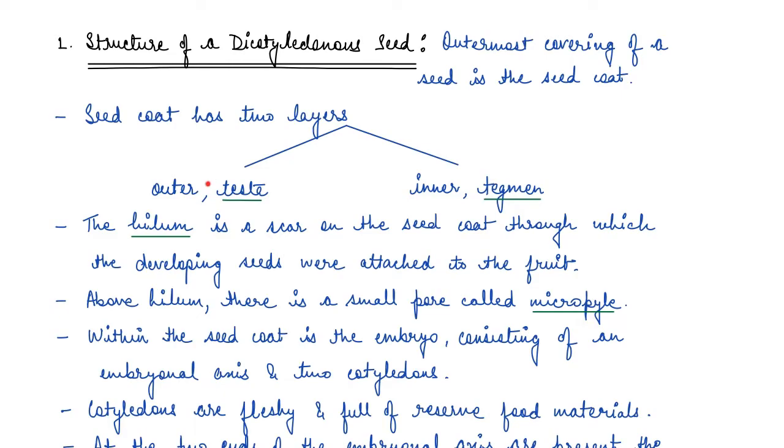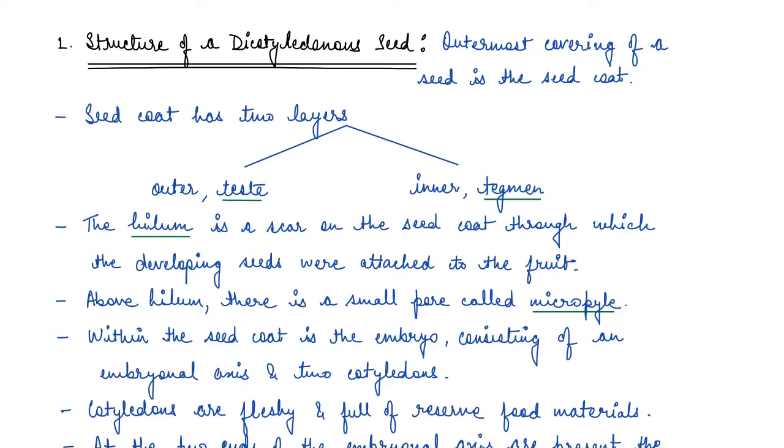The outer layer is known as testa, and the inner layer is known as tegmen. Okay, so a dicot seed has two layers of seed coat. Outer layer is testa and inner layer is tegmen.